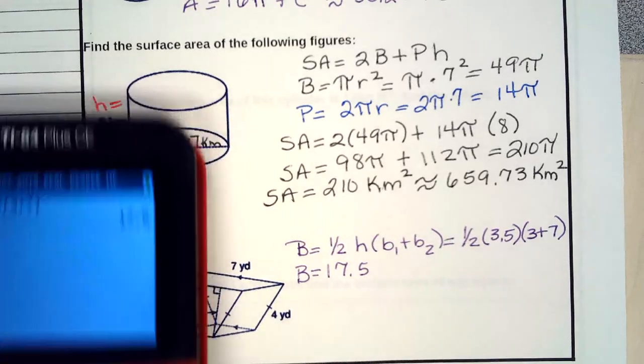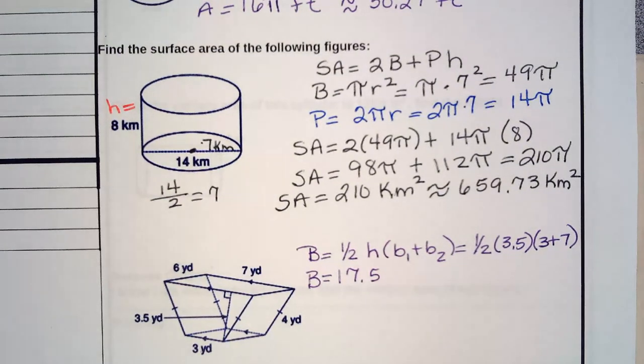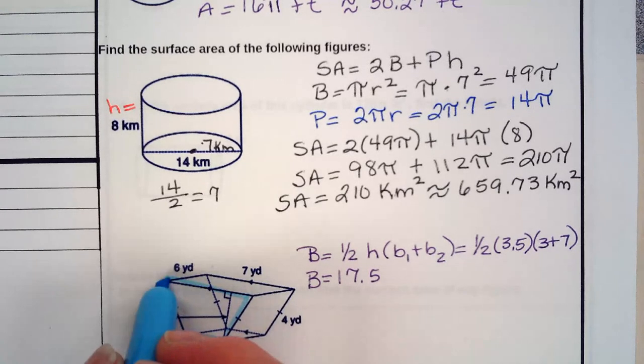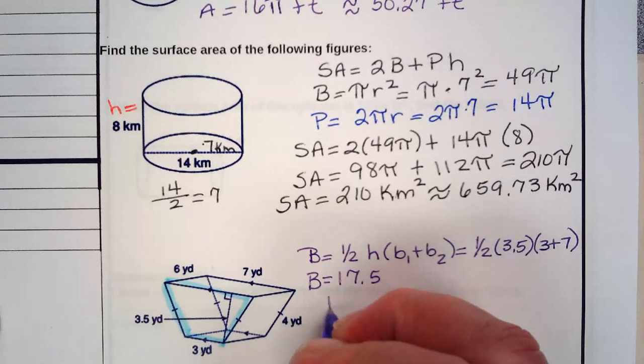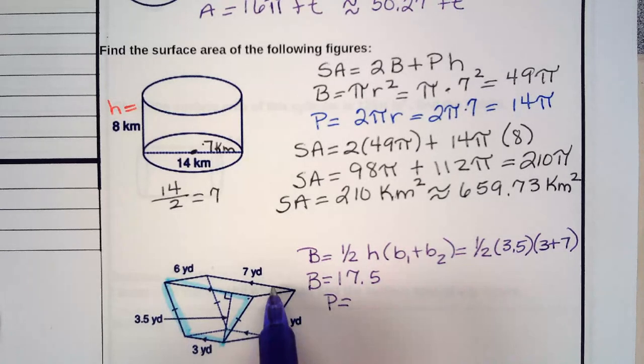Now, what is my perimeter? My perimeter is all the way around the edges. So if I'm looking, okay, this will be 7 because this one's 7.